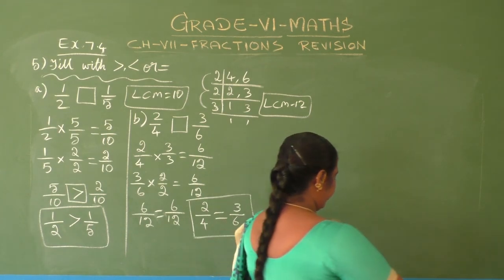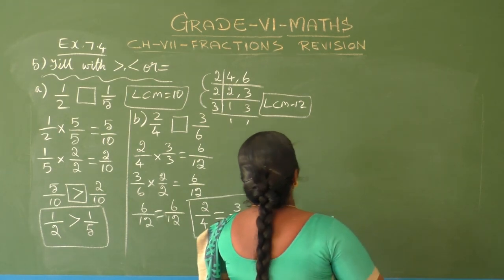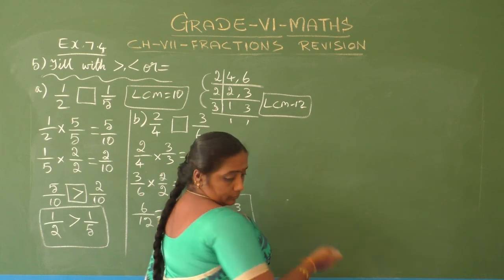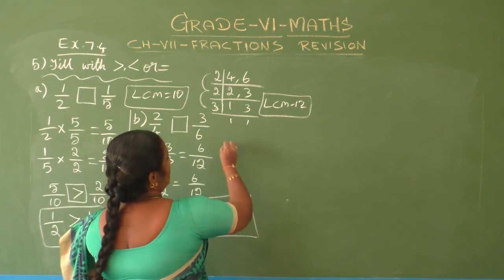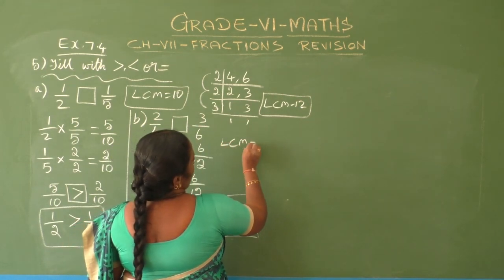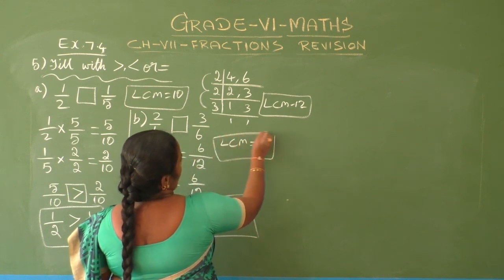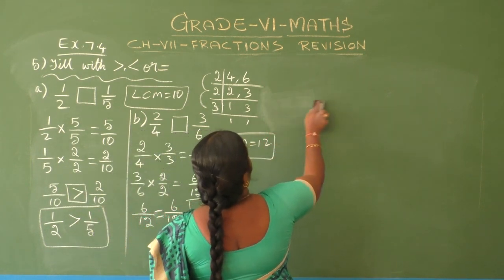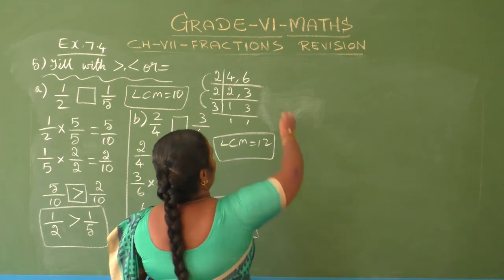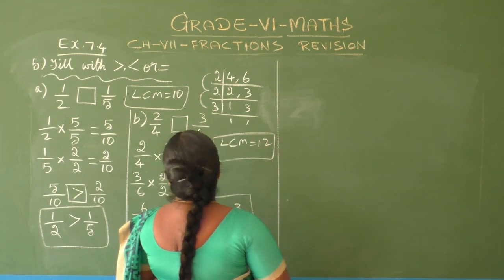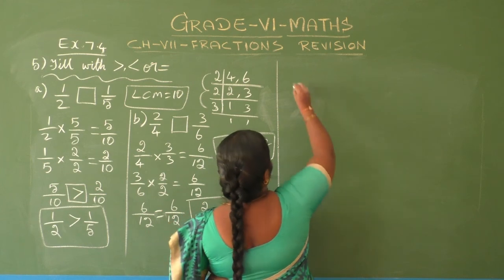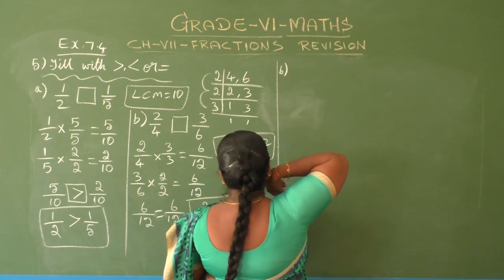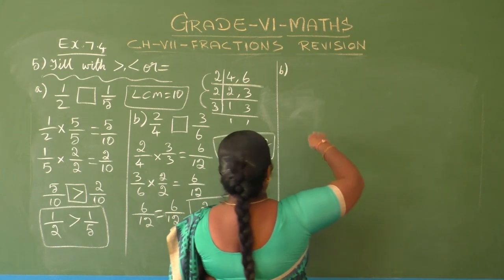Sixth row. Yes, sixth row. Writing this down. Sixth Roman: separate into 3 groups of equivalent fractions.